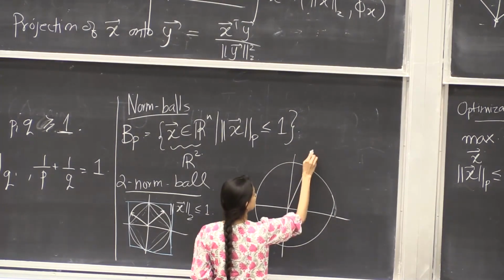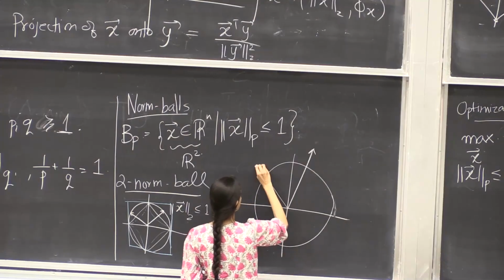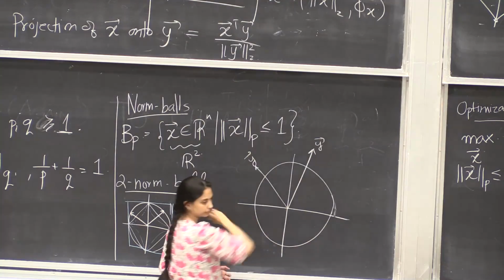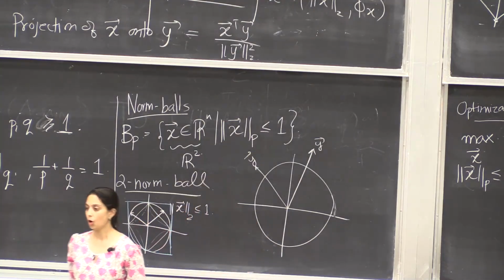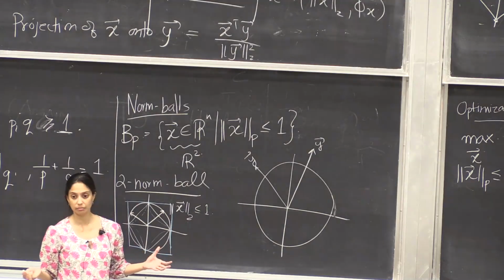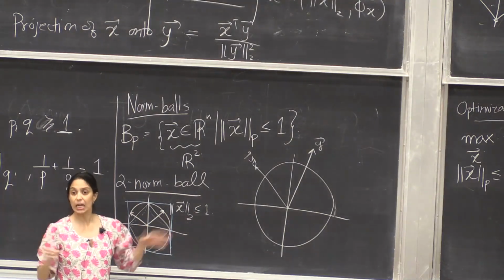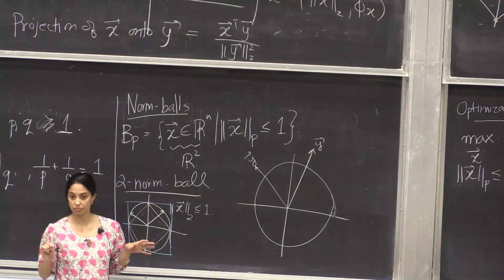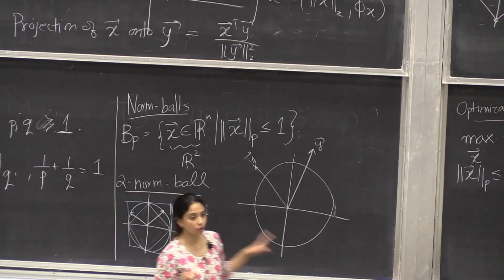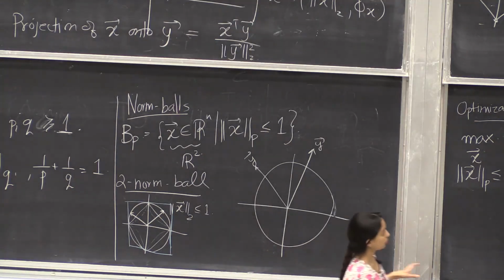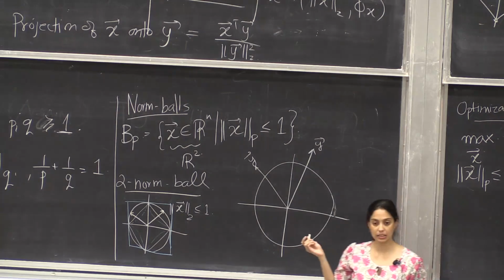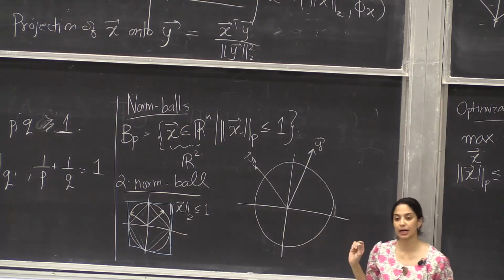Maybe this is my y. Some candidate y's. What is the search space for my x's? What x's am I allowed to look at? Anything inside the unit ball, right? Okay. So now, from what we've already studied, what x is going to maximize the inner product?